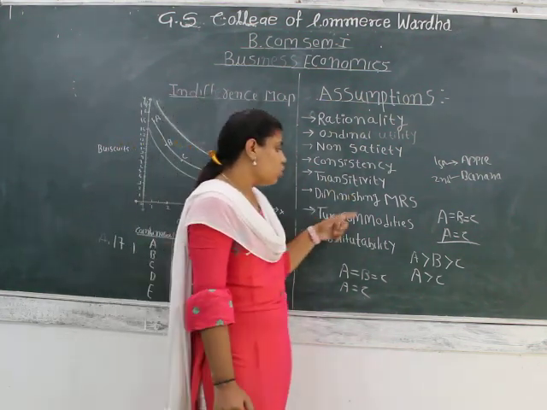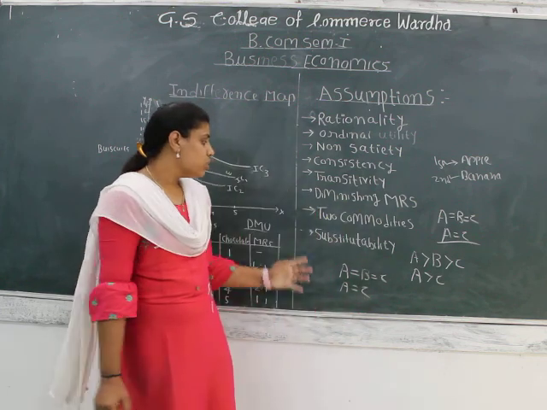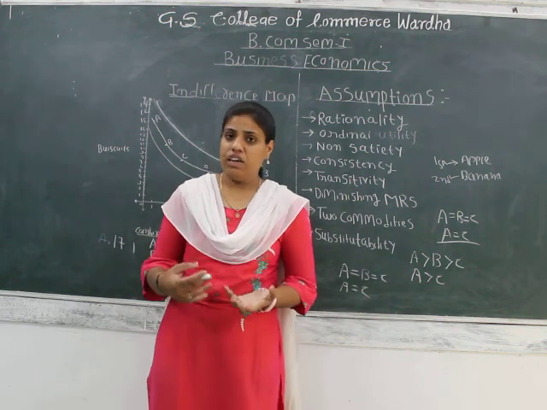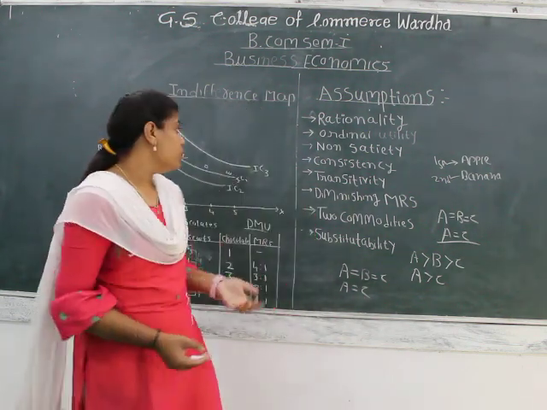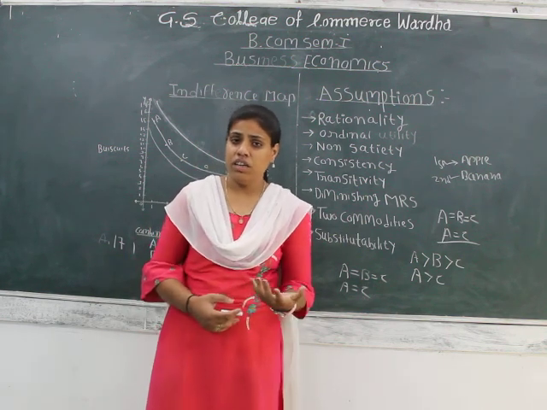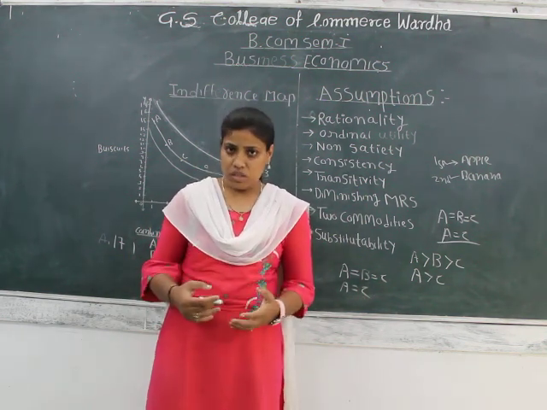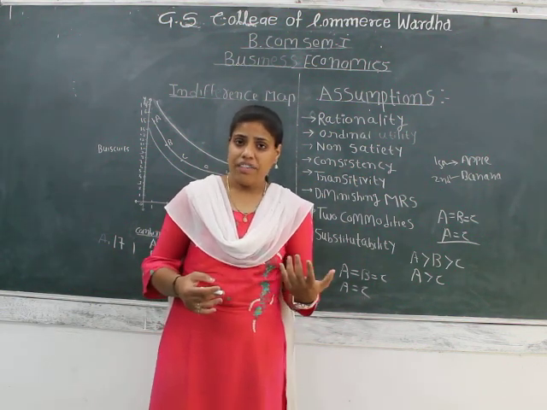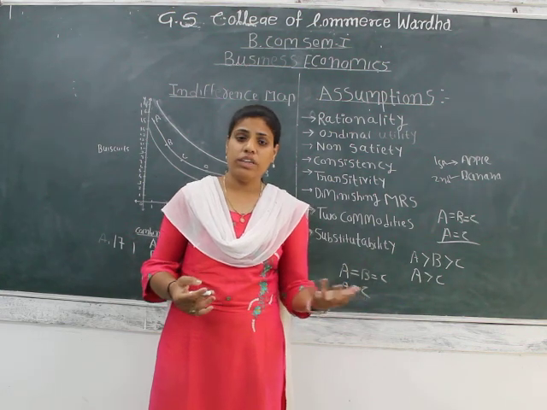The next one is 2 commodities. As we have seen, when we talk about the indifference curve technique, we are assuming 2 commodities. We are saying that the consumer has the option to choose different combinations which have the 2 commodities.